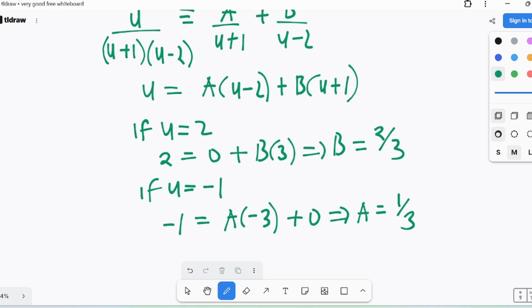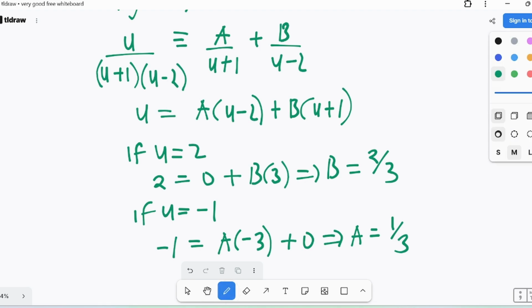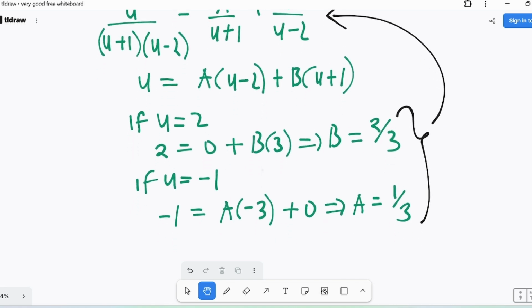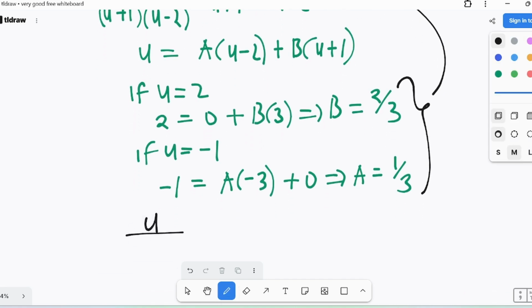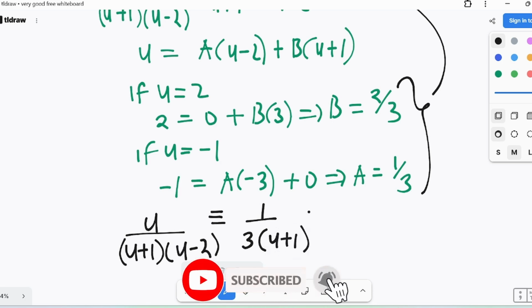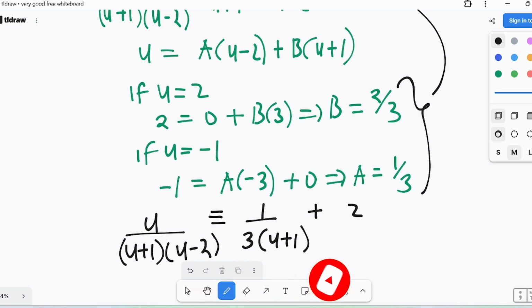Now we put them back into the partial fraction. So we shall have u out of u plus 1 into u minus 2 is identically equal to 1 out of 3 into u plus 1, plus 2 out of 3 into u minus 2. So we have defeated the partial fraction.